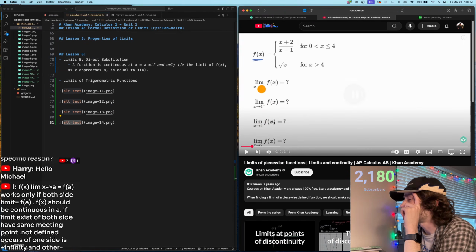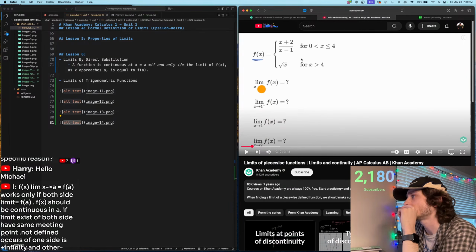The limit at 4 is going to be this. So 4 plus 2 is 6 over 3, so 2 for this guy. And the limit as we go to 2, which is going to be into here as well, it'd be 4 over 3.